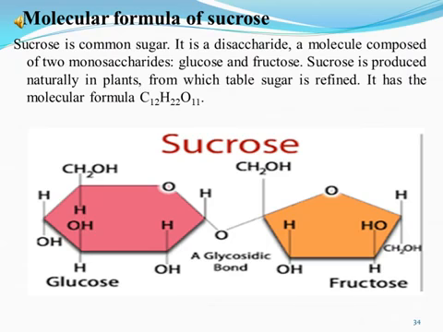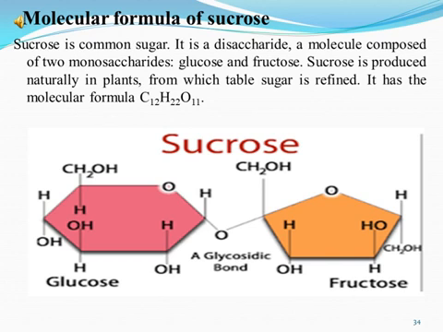Molecular formula of sucrose. Sucrose is a common sugar. It is a disaccharide, a molecule composed of two monosaccharides that are glucose and fructose. Sucrose is produced naturally in plants from which table sugar is refined. It has the molecular formula C12H22O11.